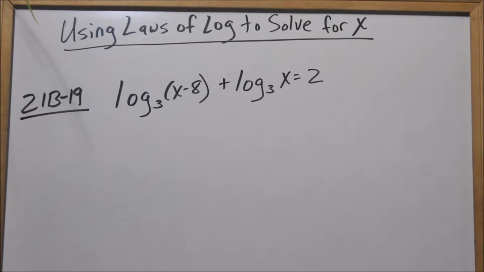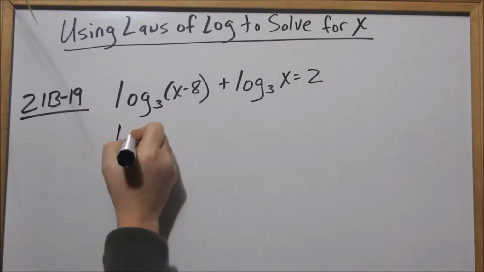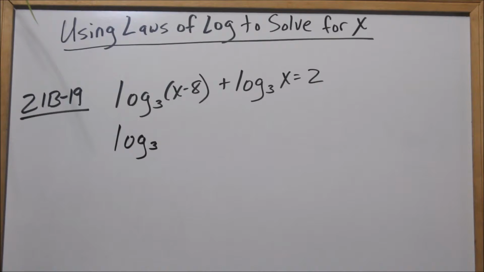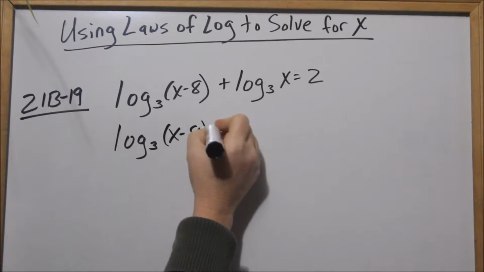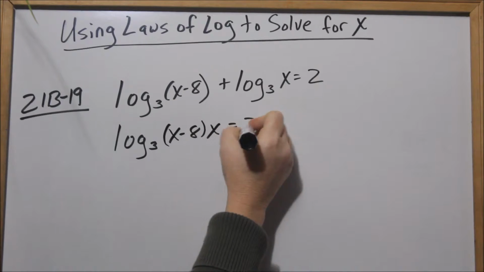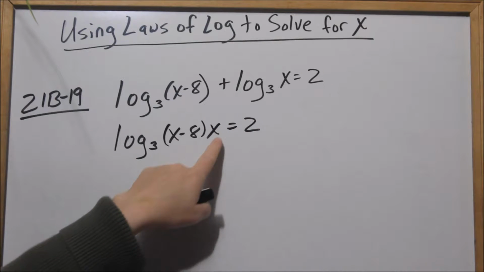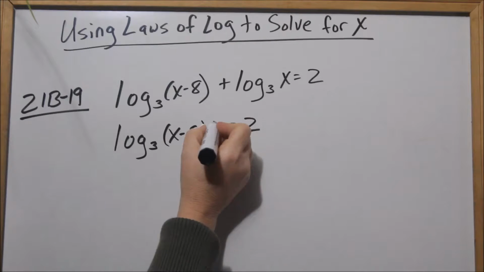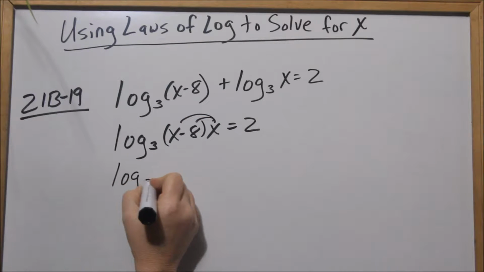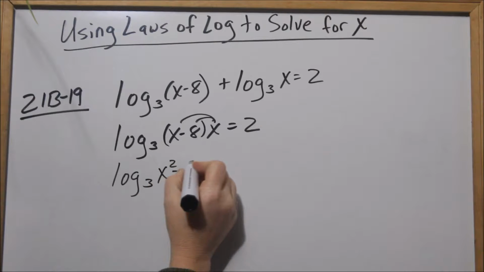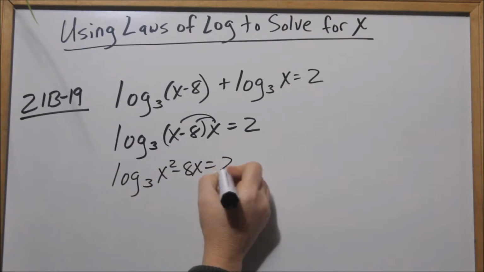So this can be rewritten as log base 3, don't forget your base 3, of x minus 8 times x equals 2. Okay? What do I do with this x? Distribute it. So I have log base 3 of x squared minus 8x equals 2.